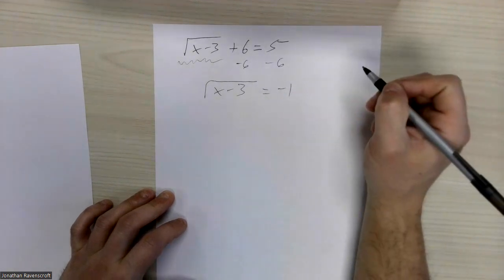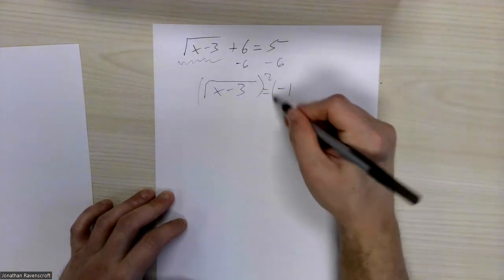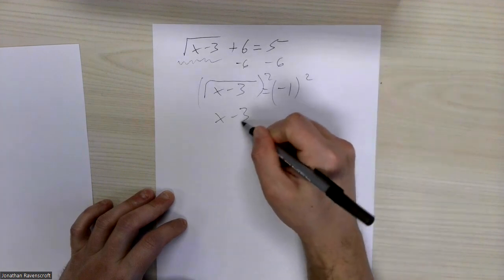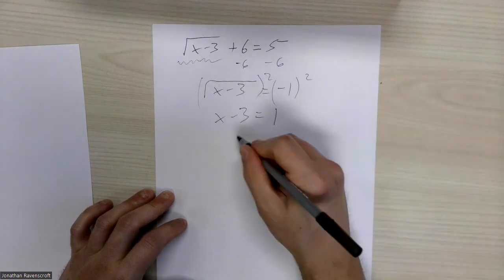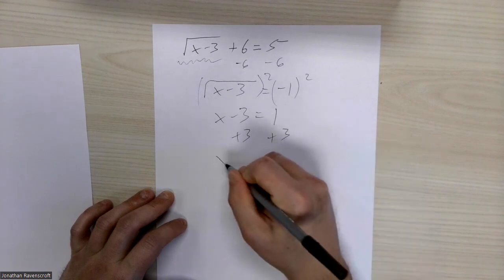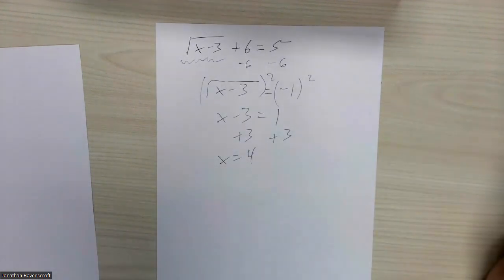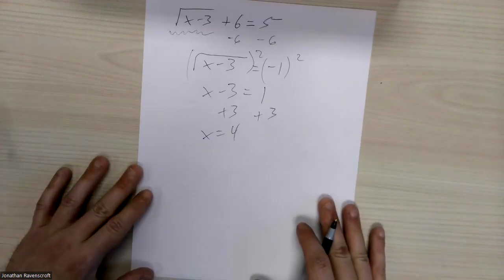And then we'll do what we did on the previous problem, which is square both sides. Plus 3, x equals 4. Is 4 the answer? Well, maybe.